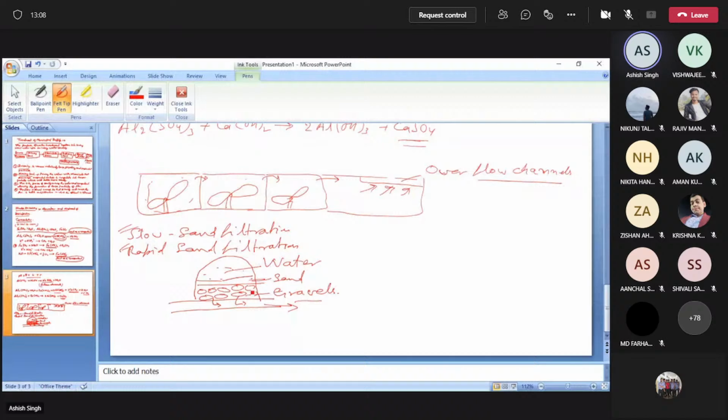But rapid sand filtration, so these are the different types of the rapid sand filter. Open type mechanical filters. This is the vertical structure of this one. There is the strainer, and then the water flows.